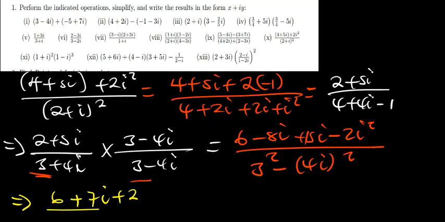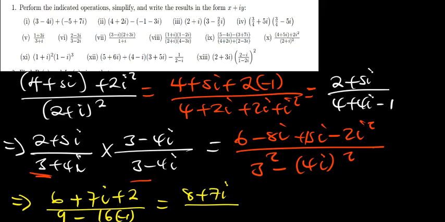Now I divide this by 3 squared is 9. Okay, then minus, I'll have negative 4 squared is 16. Let's not forget that one. So it will be 16i squared. i squared is negative 1, like that. So we'll have 6 plus 20 is going to give us 26 plus 7i. We divide this by what?